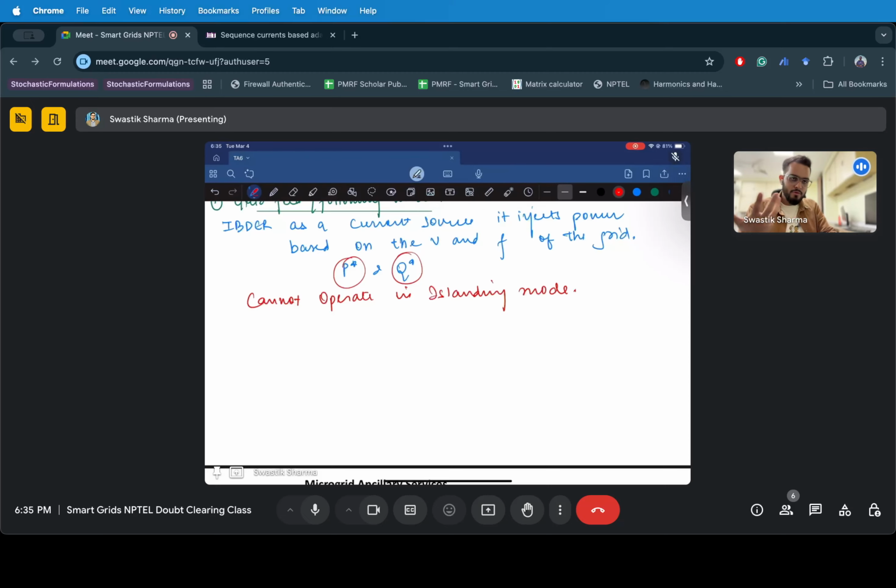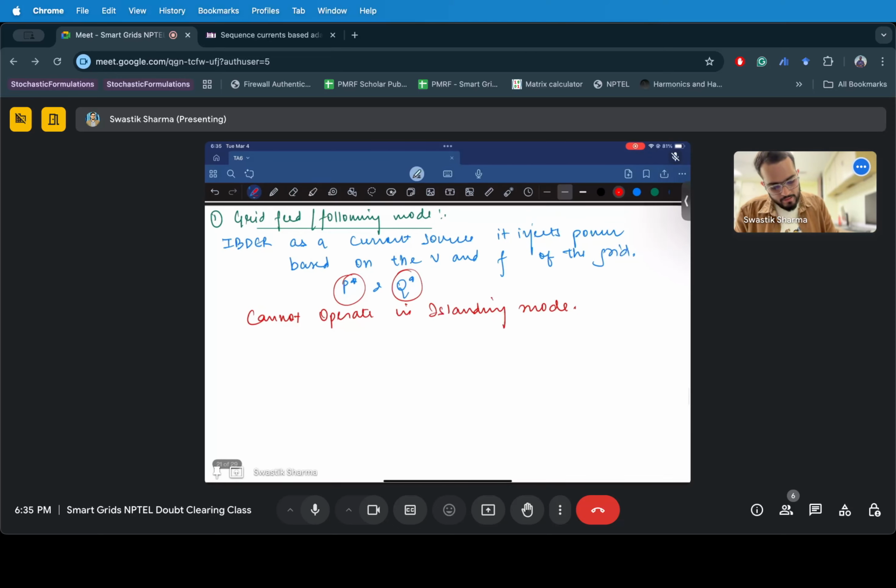Because you want to synchronize to some voltage and frequency. If there is no P star, Q star, no reference coming, how can you synchronize them, right? So they cannot operate in islanding mode until and unless something else is present. I'll discuss that in a bit, right?